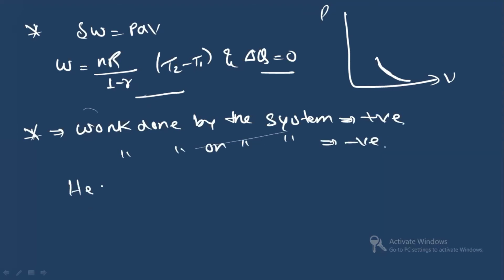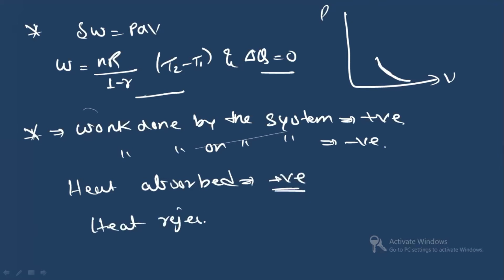Similarly for heat, heat absorbed is positive. If you are given heat absorbed, then the sign will be positive. But if heat is rejected or ejected, then it is negative. So these are the things you have to remember about work done and heat, because the sign is very important.